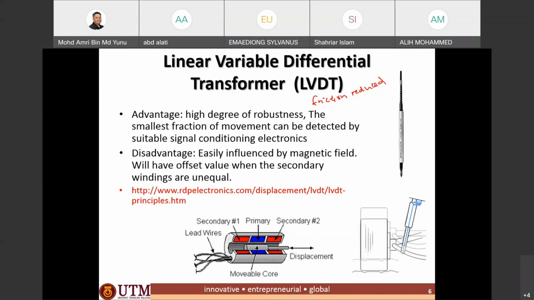So and then another advantage that is not listed here is that the sensitivity is linear, whereas the relationship between the output and the displacement within the limit of measurement is highly linear.